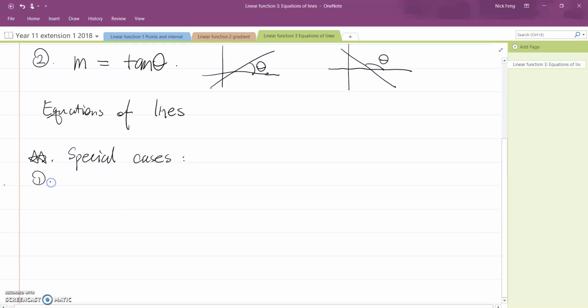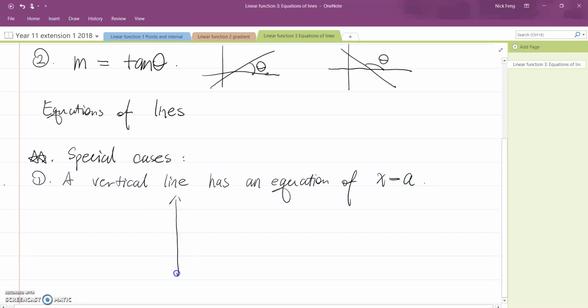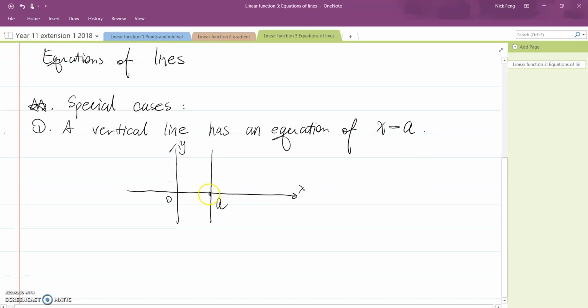First one, a vertical line has an equation of x equals a. Imagine this line passes through a. Remember, a vertical line will cut the x-axis.